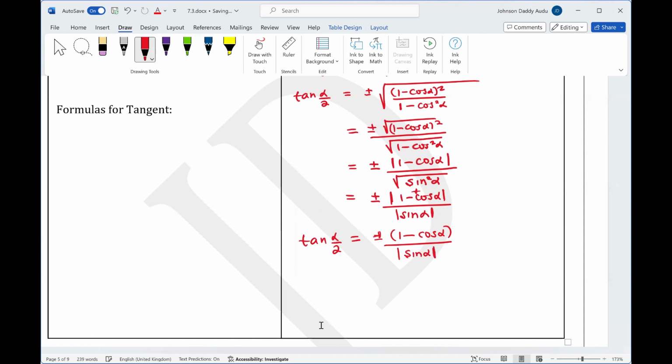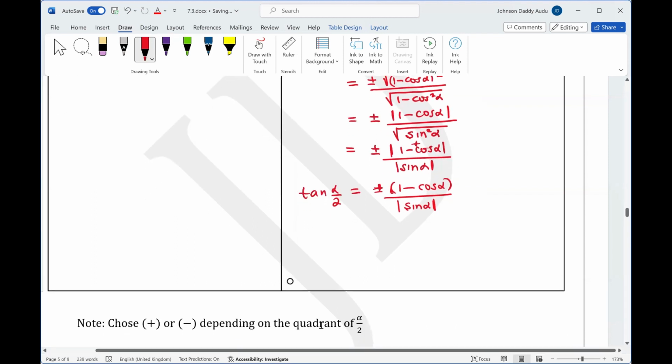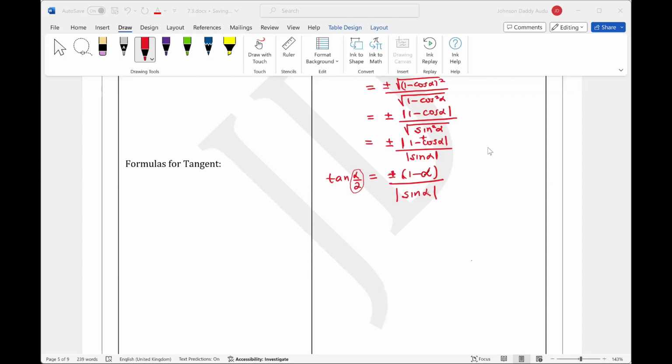But for sine alpha, we really don't know what sine alpha will be, whether it's going to be positive or negative, depending on alpha. All right. So now what we need to justify is the sign of tan alpha over 2.